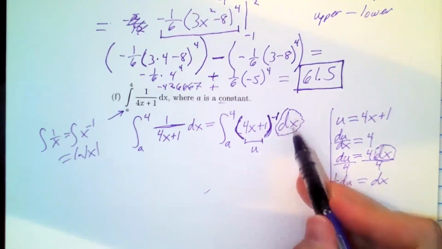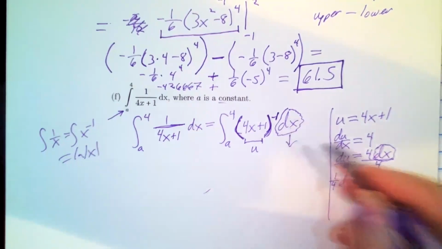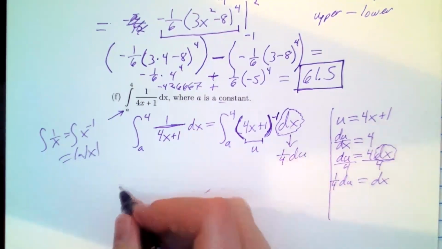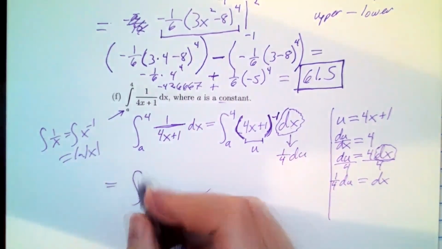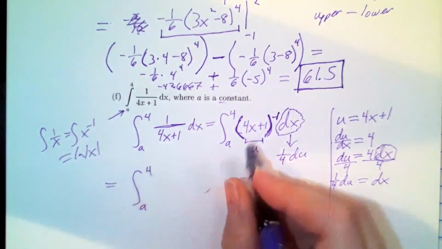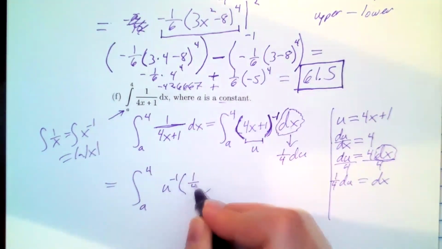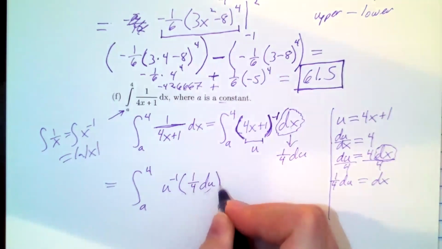So now I'm going to trade out this dx term with that 1/4 du that I found. Now my integral becomes the integral from a to 4 of u to the -1 times 1/4 du.